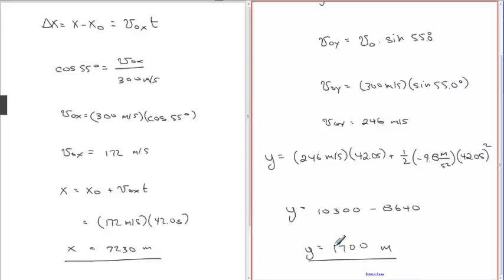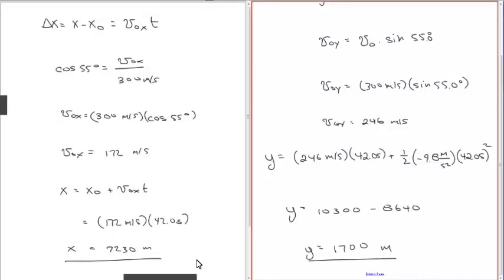And I think the actual solution manual says 1,690, but I'm not exactly sure if that's right. I think they're carrying one too many significant figures because of that. Anyway, close enough there.